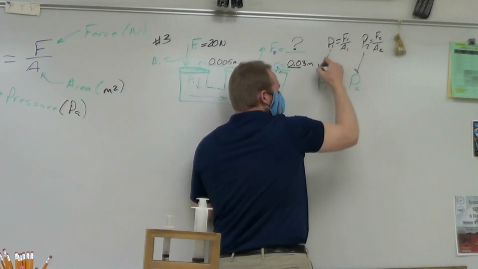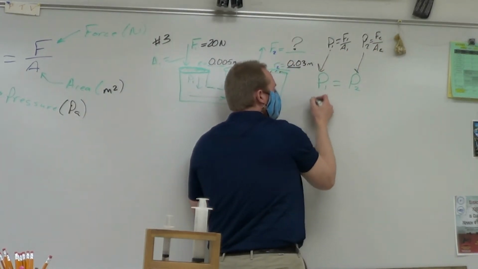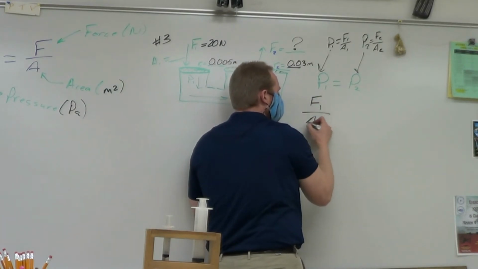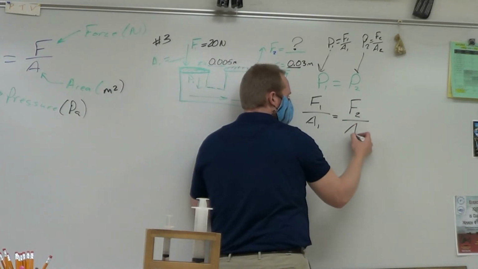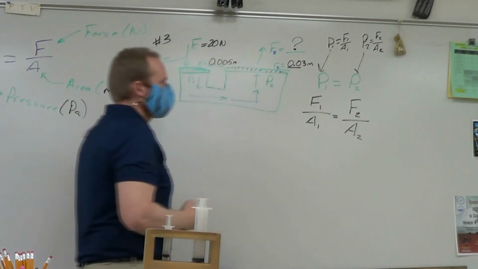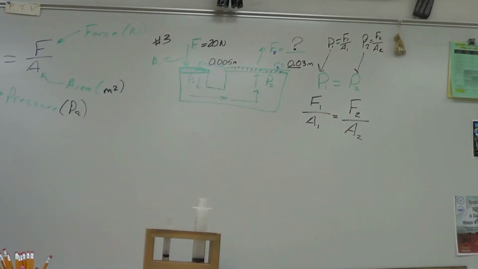If we did a substitution, I can say F1 divided by A1 is equal to F2 divided by A2. So I need to know my areas, I need to know my forces, one of which I know, the other which is what we're solving for. And we can figure this out.